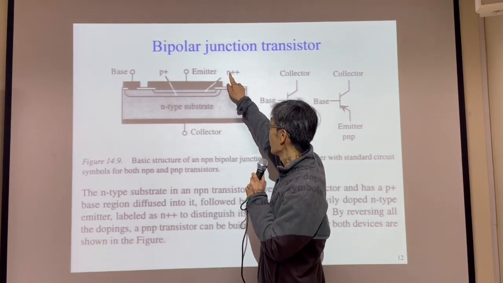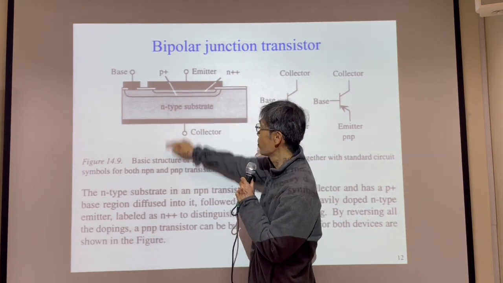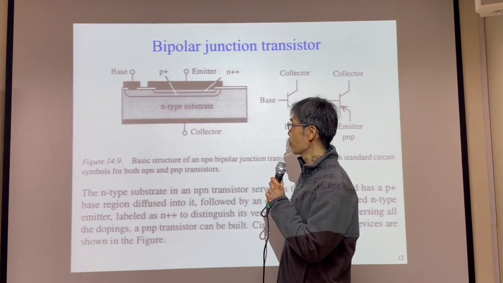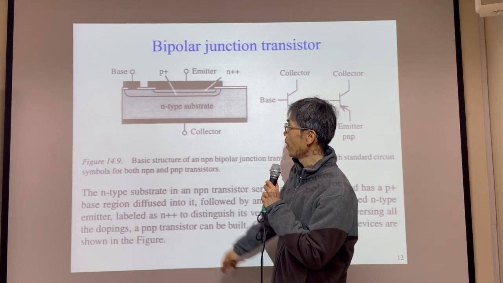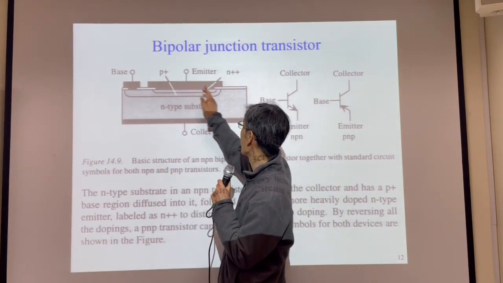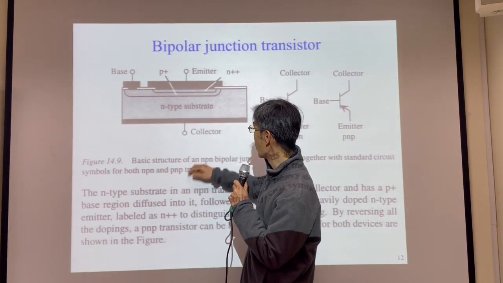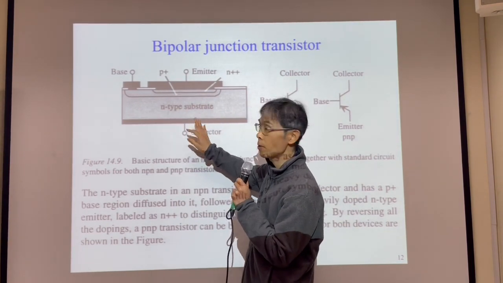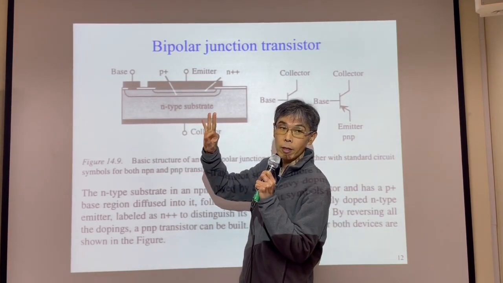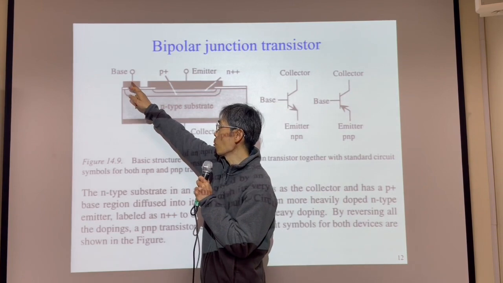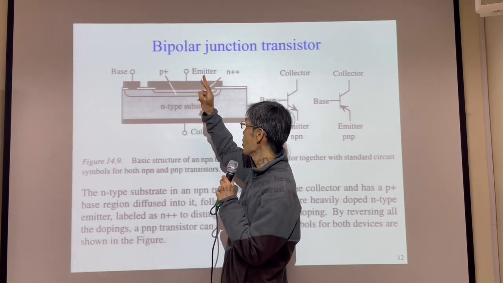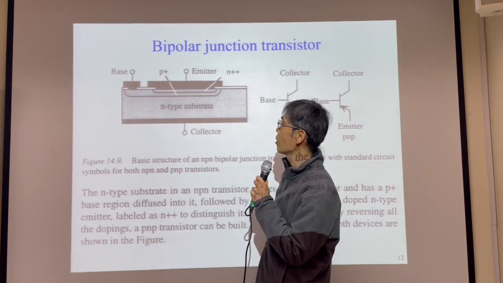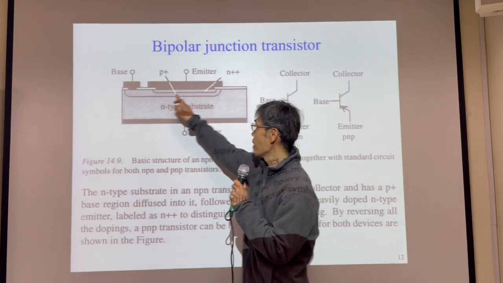So we create the N++ region here. Then this is metal, this is metal. So we have three electrodes. We call them base, emitter, and collector. And this is oxide.